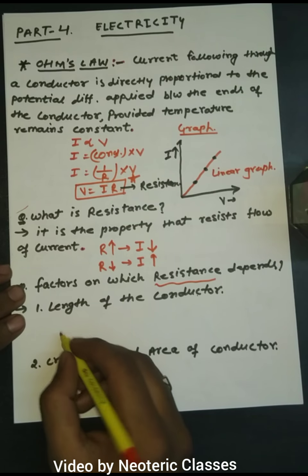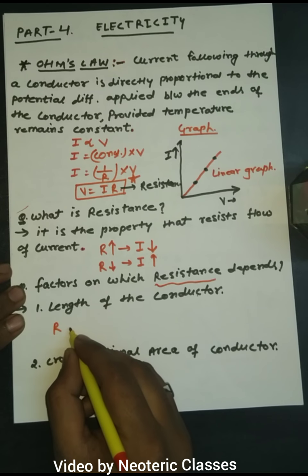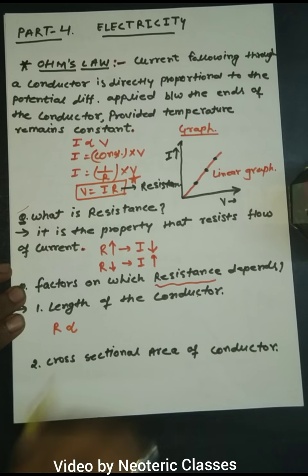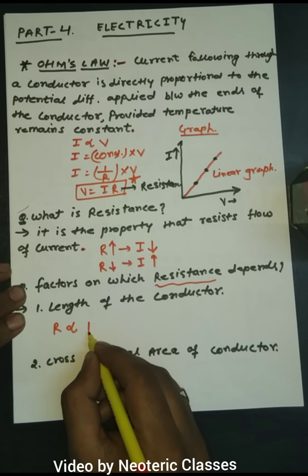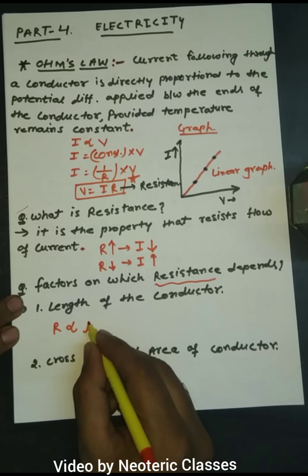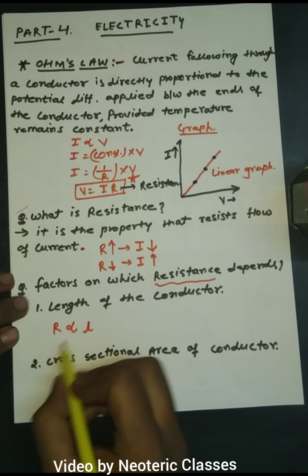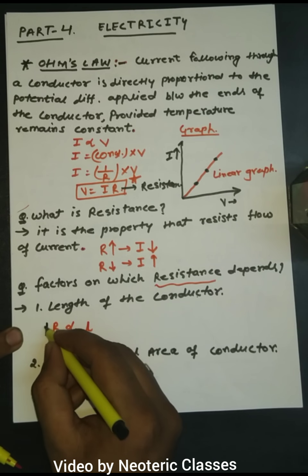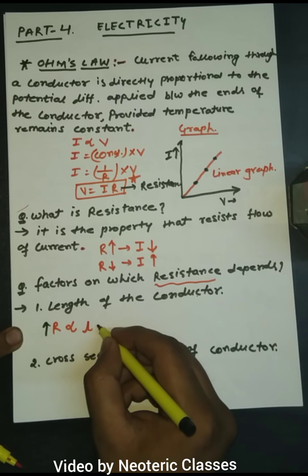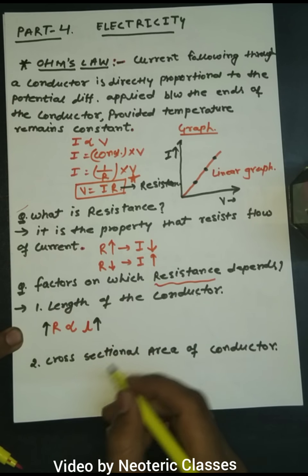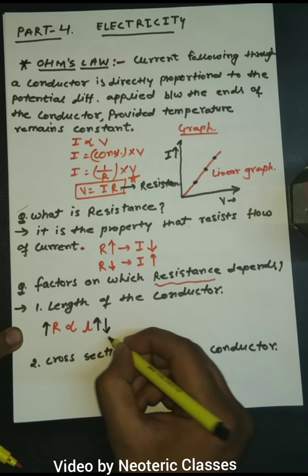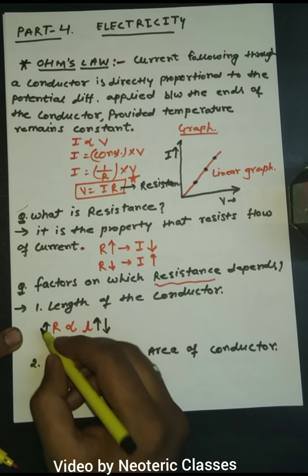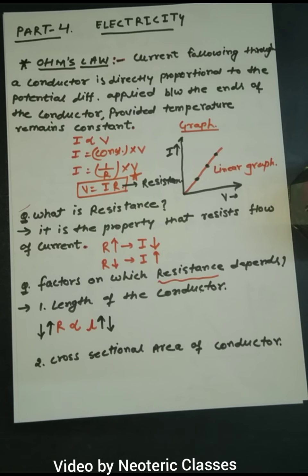The resistance has a directly proportional relation with the length. That means if you increase the length, the resistance will also increase, and if you reduce the length, the resistance will also reduce. So it depends on the length.